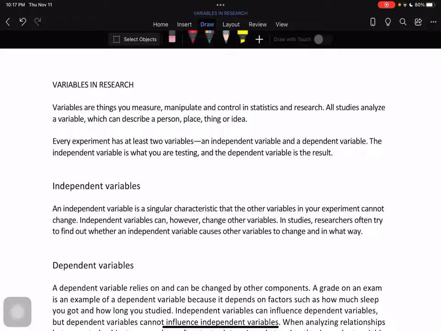Okay, so let's start with the definition of a variable in research. By definition, variables are things that you can measure, manipulate, and control in statistics and in research. Because of this particular definition, wherein variables are measurable, manipulable, and controllable, most of the time the type of research that uses variables is quantitative research.